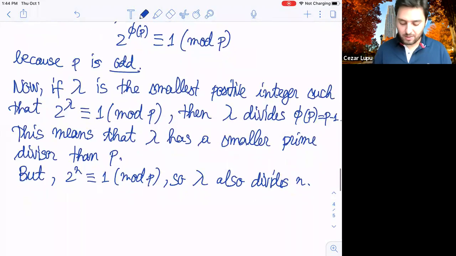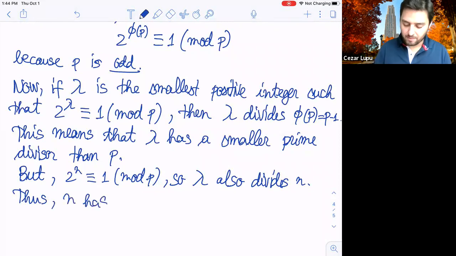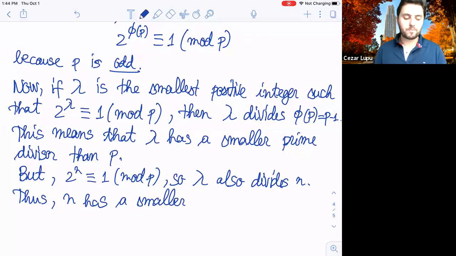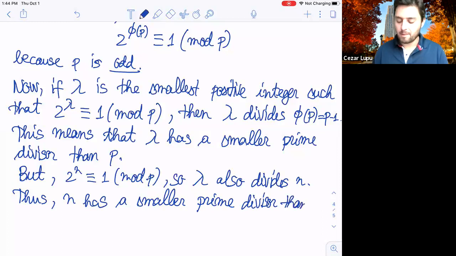So this means what? That n has a smaller prime divisor than p, which is a contradiction.